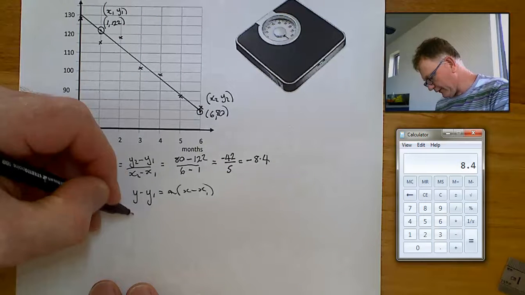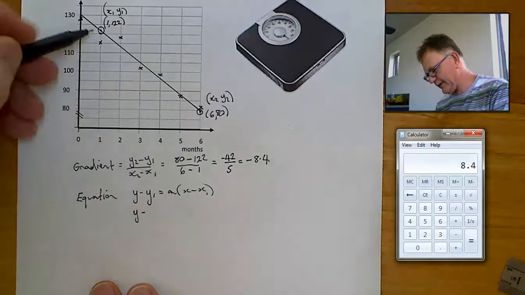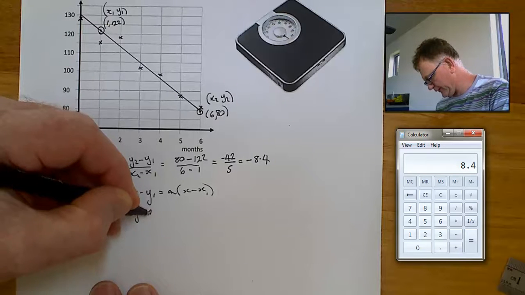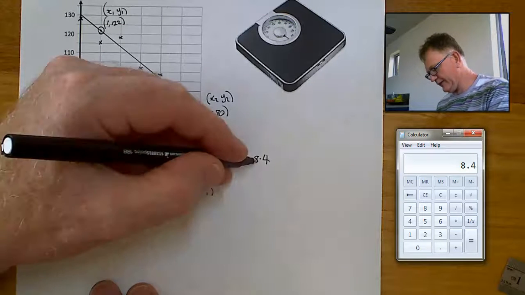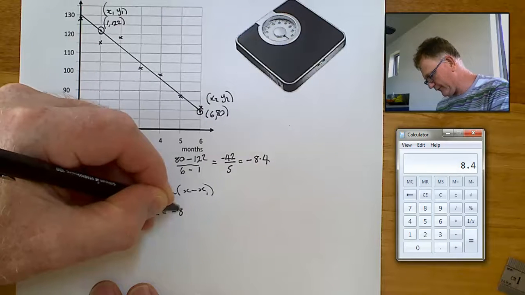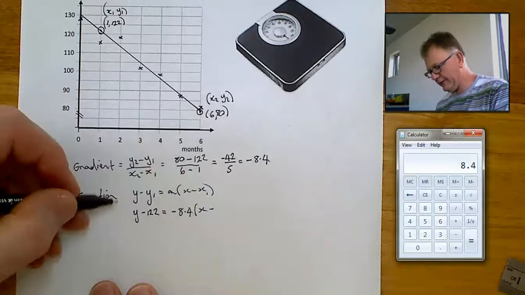So I've got y minus, and y1 was 122, equals a is the gradient, negative 8.4, x minus x1 is 1.